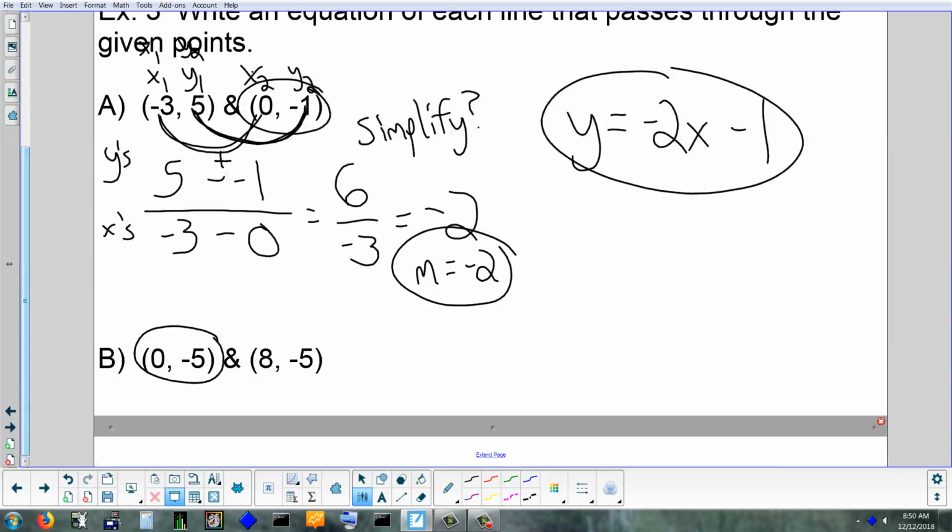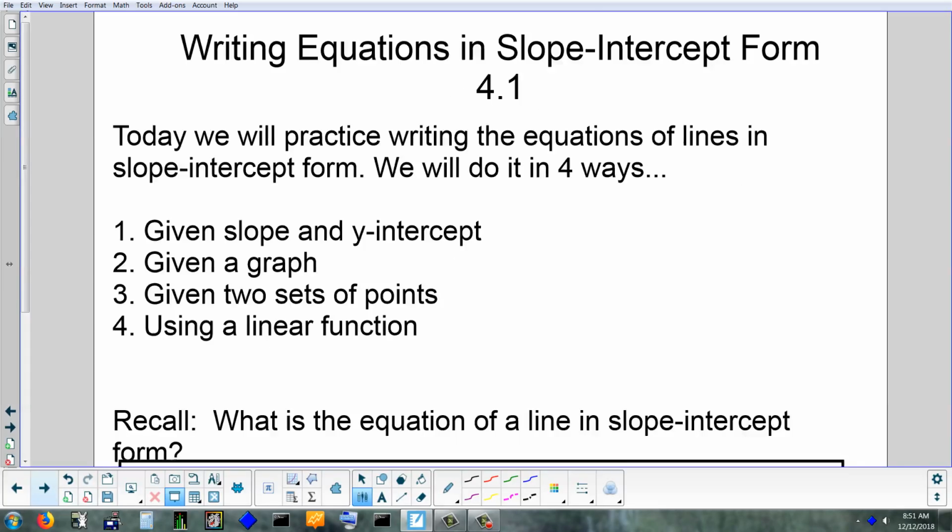The coordinate that has a 0, the other number is going to be your y-intercept. Y equals, again, I'm not going to do the slope. That's a special case. Meaning it's 0 for slope.